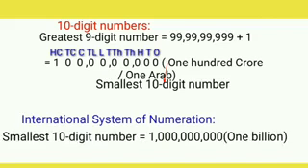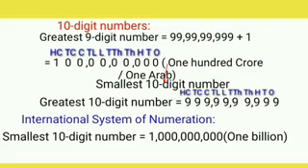The greatest 10-digit number is 99 crores, 99 lakhs, 99,999 according to the Indian numeration system.